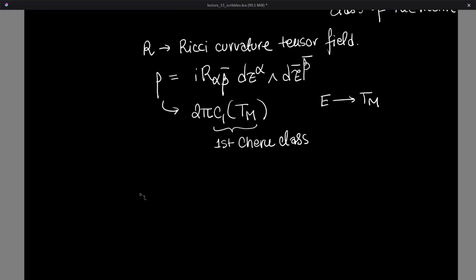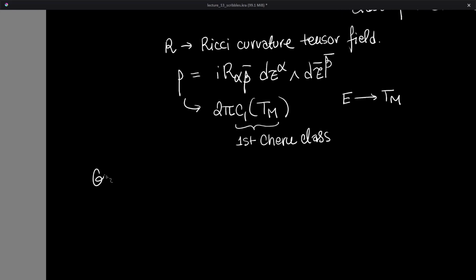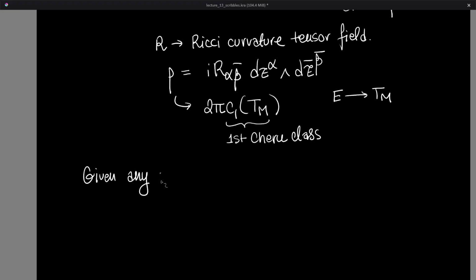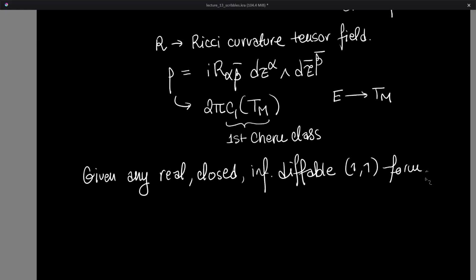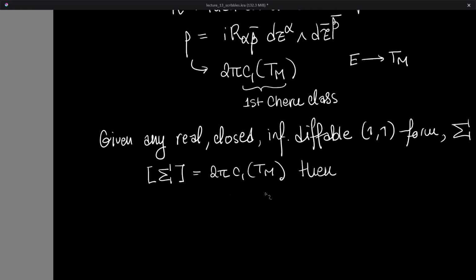So then what is the conjecture? The conjecture is that given any real closed infinitely differentiable 1-1 form, let's call it sigma, which is cohomologous, so that's saying that if the cohomology class is equal to 2 pi c1 of TM, then we must be able to produce a Kähler metric K, an element of omega.